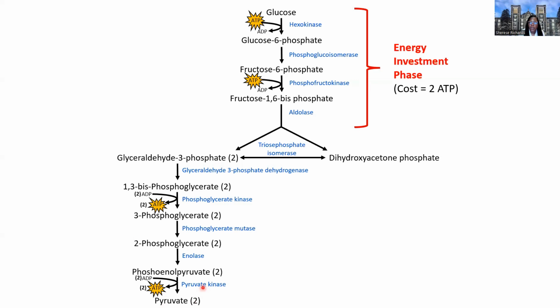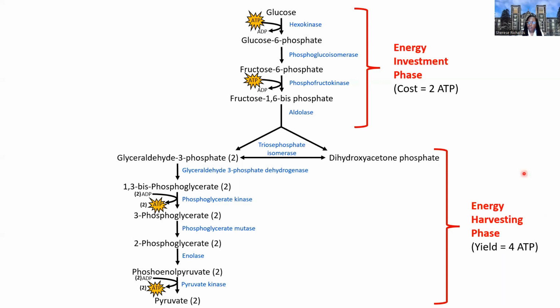So at the end of this, we're in fact going to generate two pyruvate, although we invested only a single glucose. Because in the latter half, the energy harvesting phase of glycolysis, we're going to yield 4 ATP, right? Because now we split off this G3P into two different molecules. So from fructose 1,6-bisphosphate, we cleave that into two. So now we have two separate sets of reactions occurring.